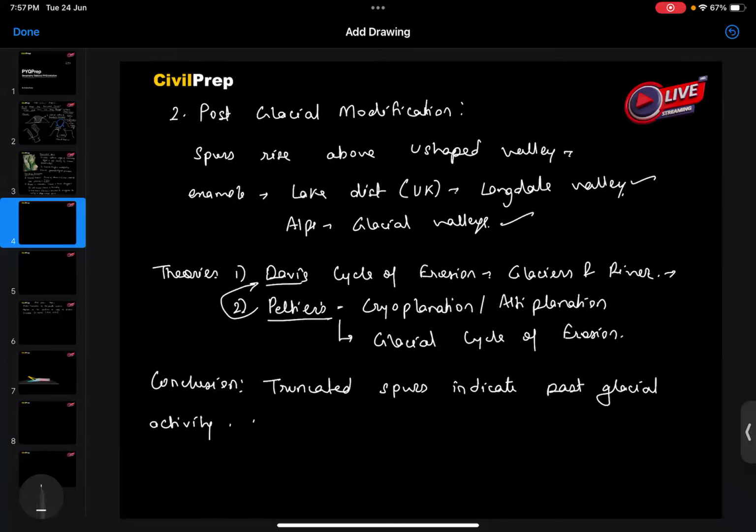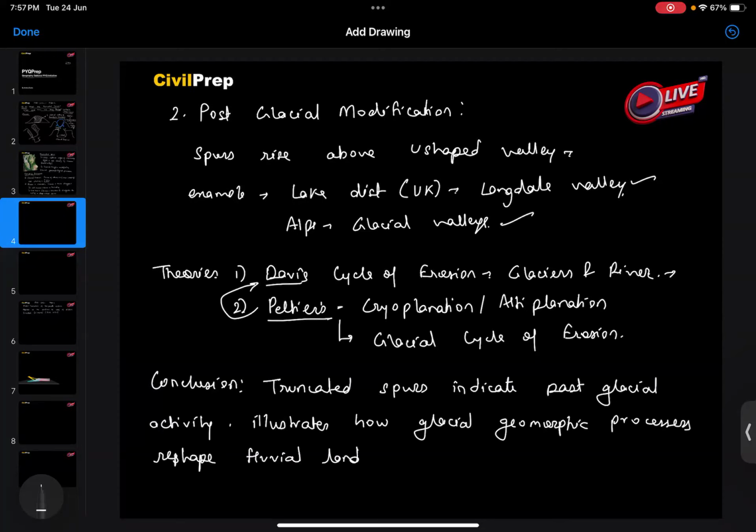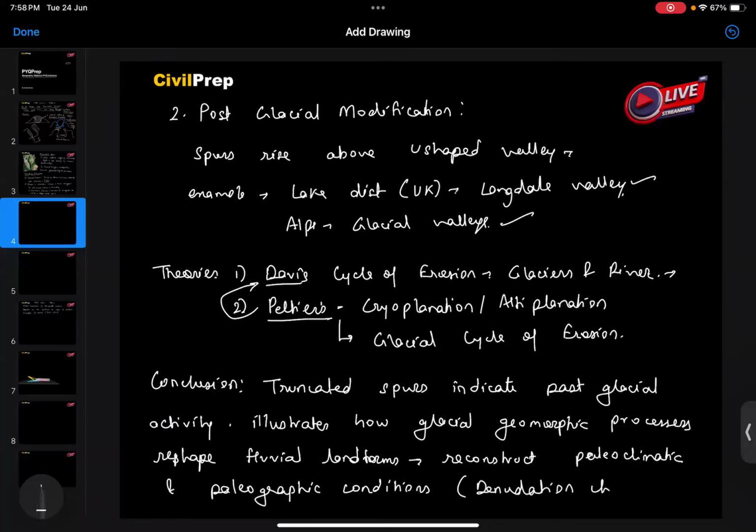which illustrates how glacial geomorphic processes reshape fluvial landforms, thus helping us to reconstruct paleoclimatic and paleogeographic conditions, that is, helping us to understand the denudation chronology.